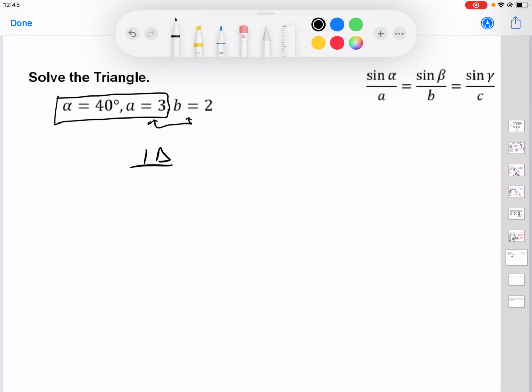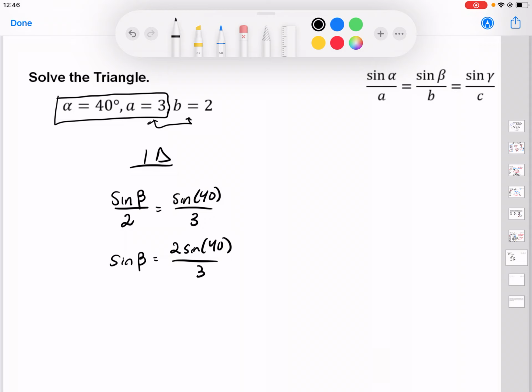So we're going to solve for beta. So we're going to do sine of beta over 2 equals sine of 40 over 3. We're going to cross, or just multiply by 2 actually. So just like we did on the last problem.